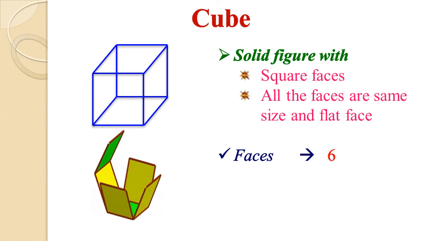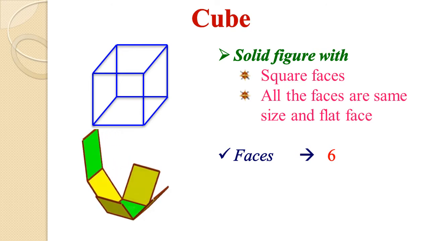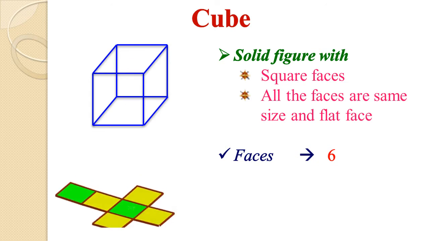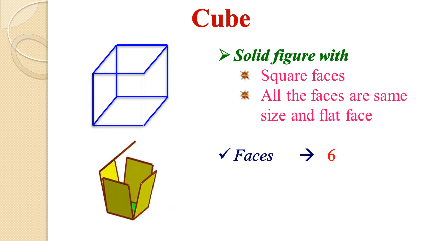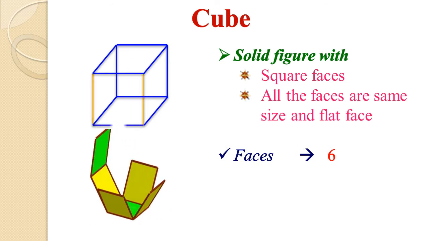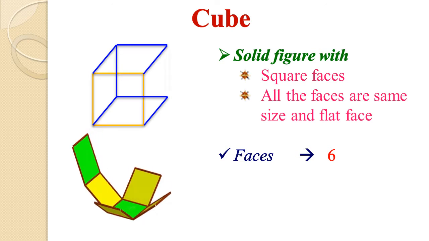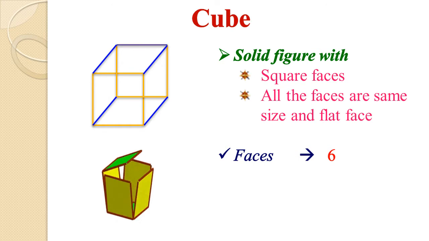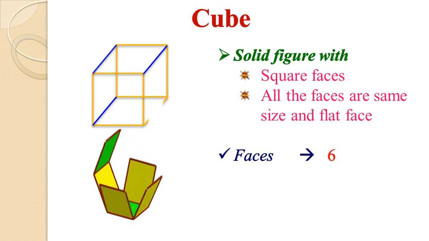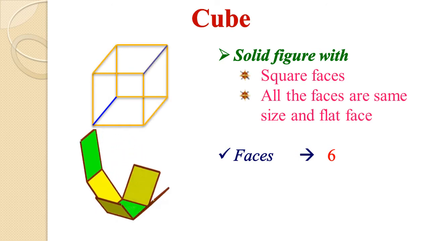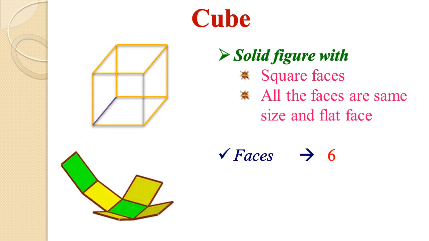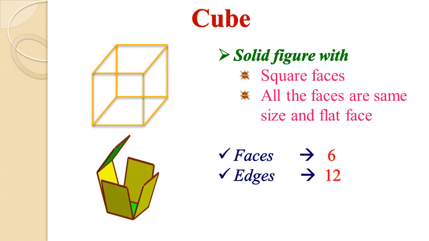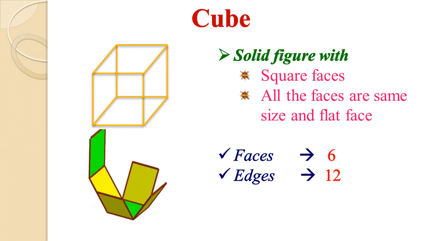Edges mean the line of intersection of two faces. So let us find the edges. 1, 2, 3, 4, 5, 6, 7, 8, 9, 10, 11 and 12. So therefore, a cube has 12 edges.